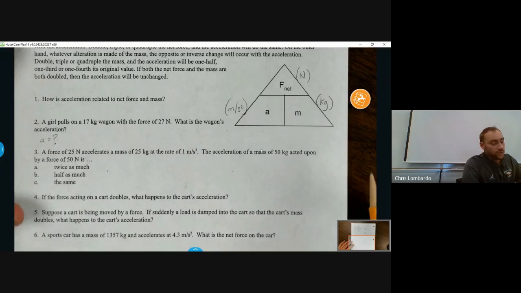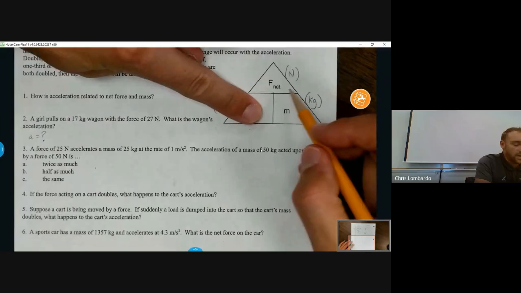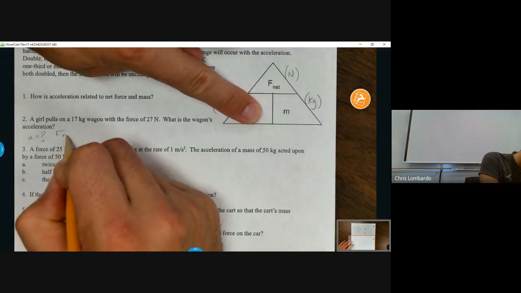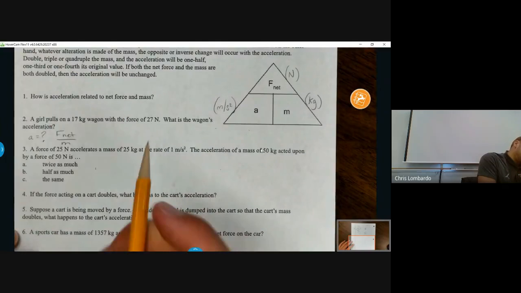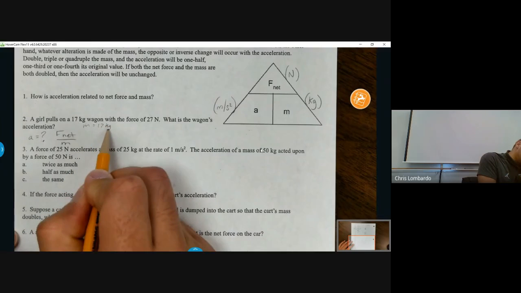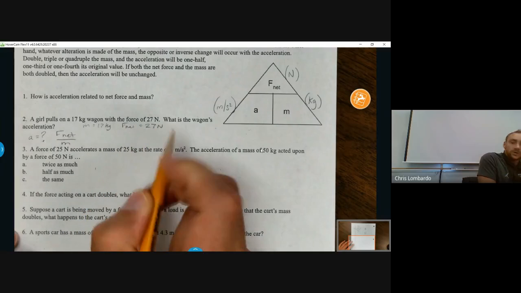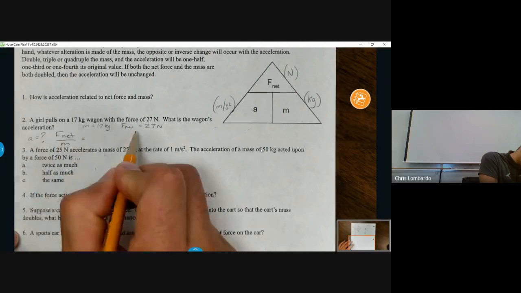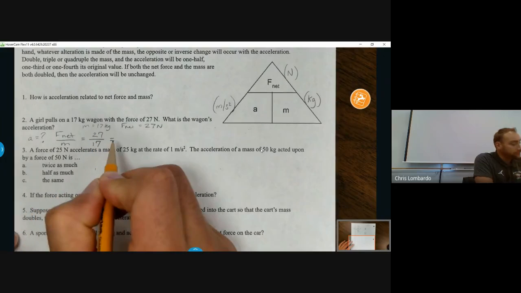Well, if I'm not sure, if I cover A up in the triangle, A would equal F net divided by M. I'm going to write out the equation first: F net over M. M was 17 kilograms, and the F net was 27 newtons. Now I can plug these numbers in and calculate the answer: 27 over 17.